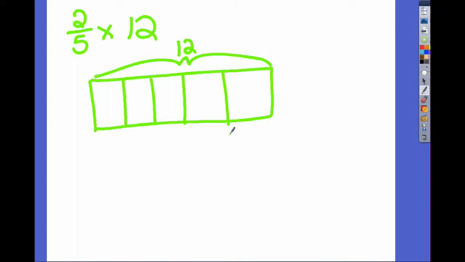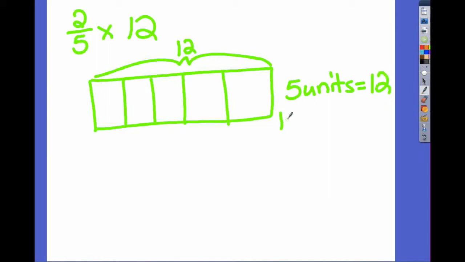And how do I find out? I do 5 units equal, what does 5 units equal? 5 units, what's it equal? All 5 units together equal 12.